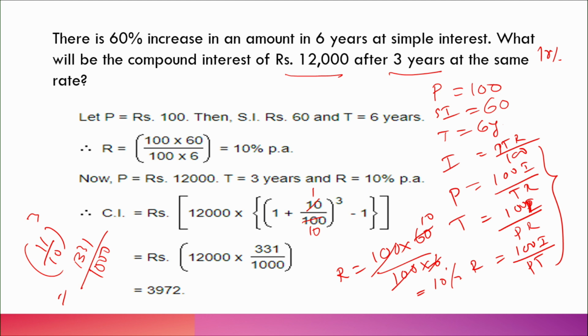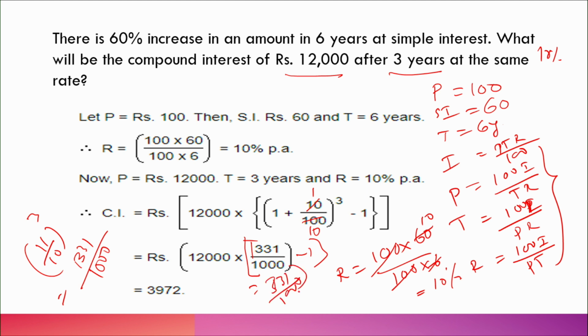So you can write it as 1331 by 1000. Then 12,000 into (1331 by 1000 minus 1), which becomes 1331 minus 1000, that is 331 by 1000.